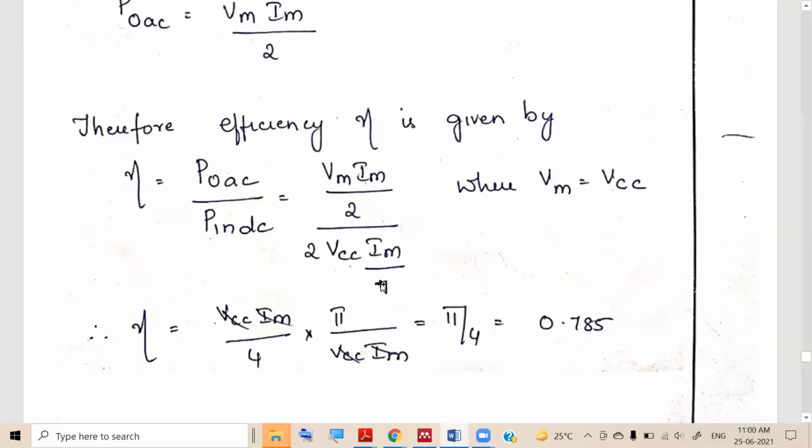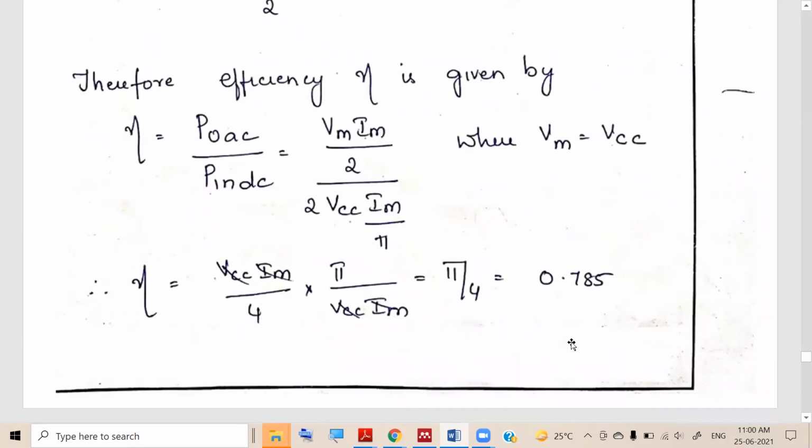Pi is remaining and 2 is remaining; the pi in the denominator goes to the numerator, and 2 into 2 will be 4. Pi by 4 will remain. If you use a calculator, pi by 4 is 0.785.